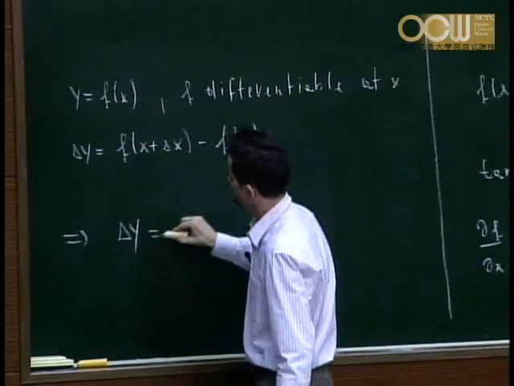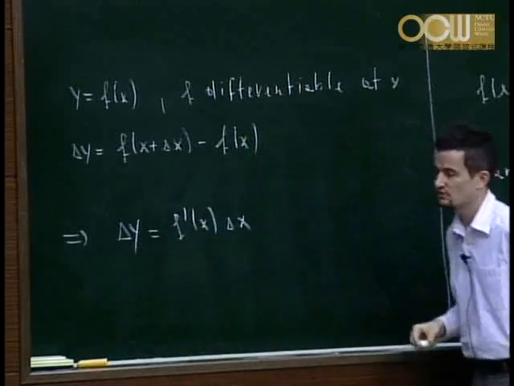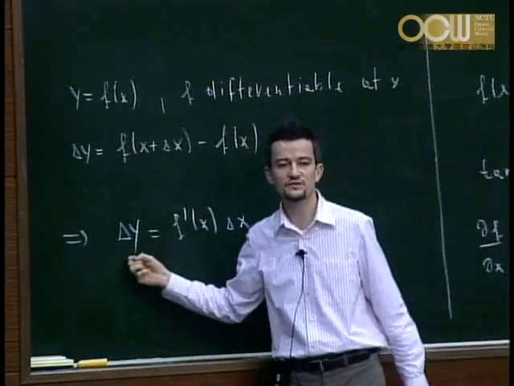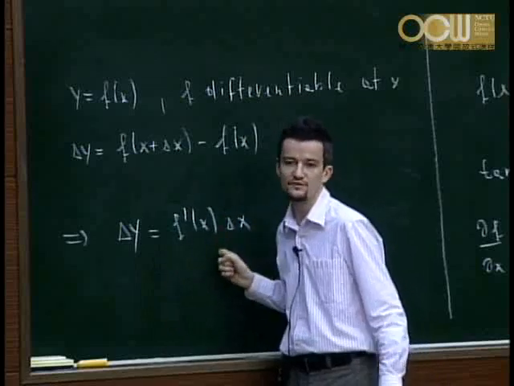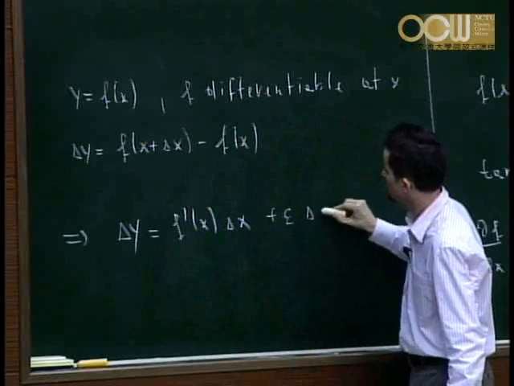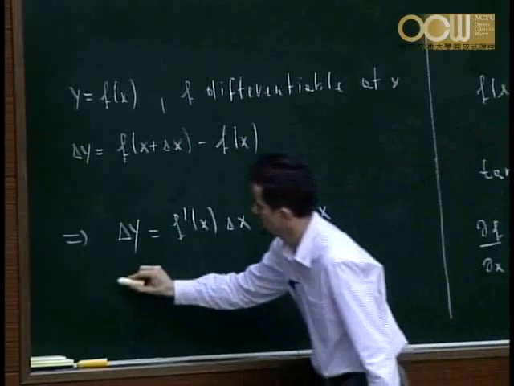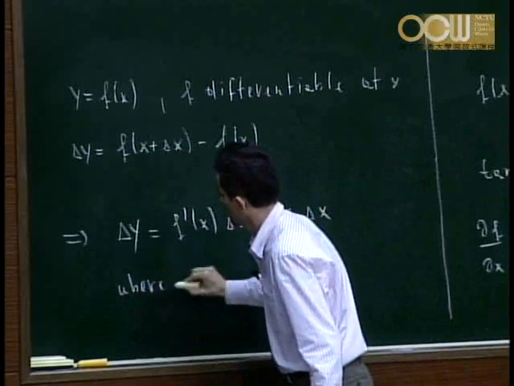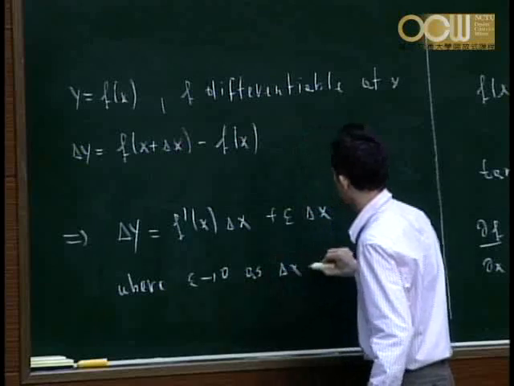If you have a differentiable function, then the difference between the function values is equal to what we call the differential, plus an epsilon times delta x, where epsilon tends to 0 as delta x tends to 0.